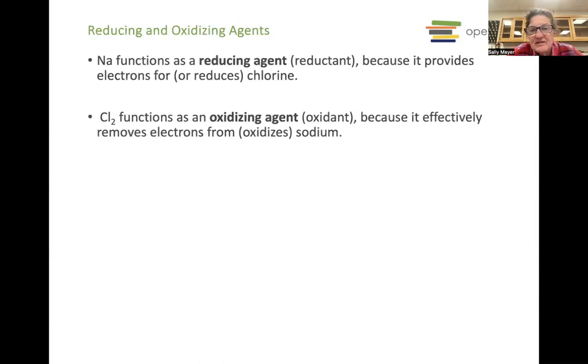This sometimes gets confusing, but if sodium is being oxidized, it's a reducing agent. It's an agent that can force something else to be reduced, to pick up electrons, because it's losing electrons. So whatever is oxidized is the reducing agent, and whatever is reduced is the oxidizing agent.